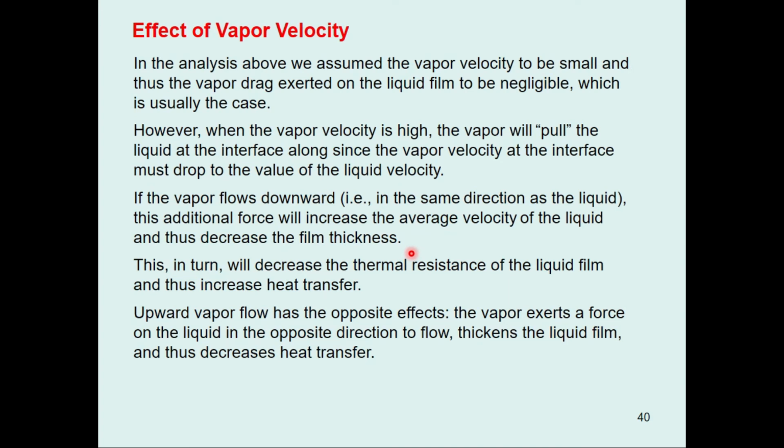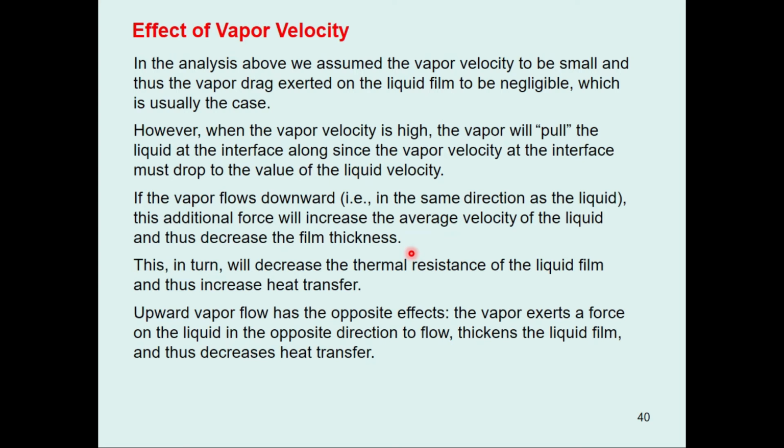So here is an interesting topic: the effect of vapor velocity. In the analysis that we had in the previous slide, we assumed that the vapor velocity is very small, and thus the vapor drag exerted on the liquid film is negligible, which is usually the case that we have seen in the previous slides.